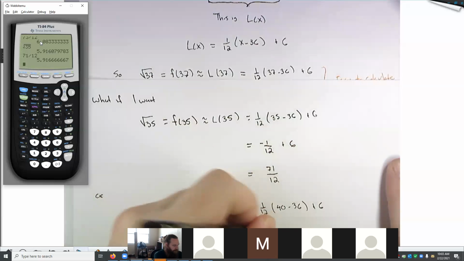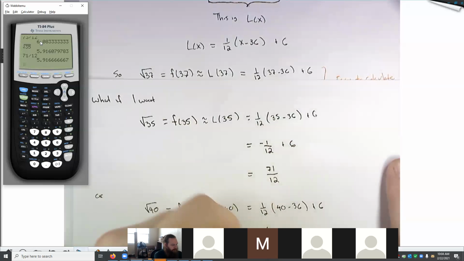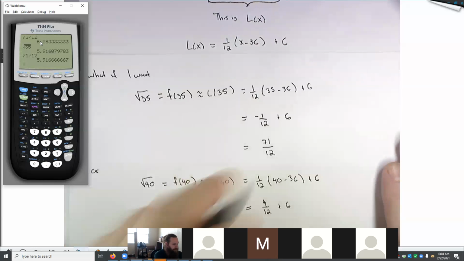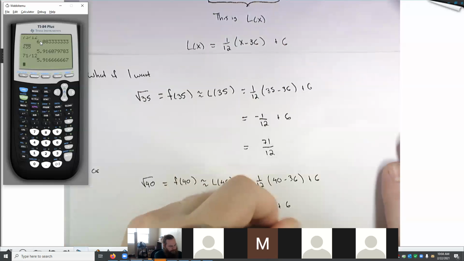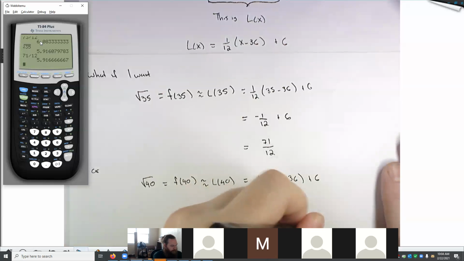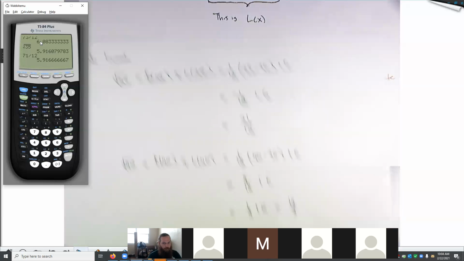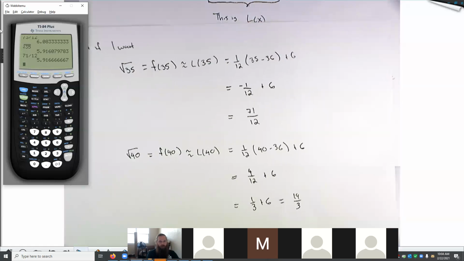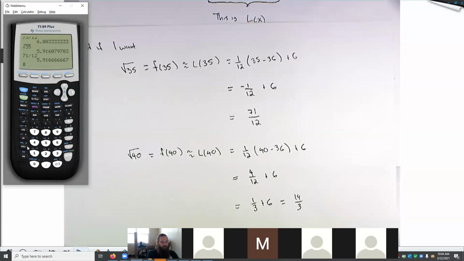So this is 4/12 plus 6. 4/12 is 1/3. And 6 is 18/3. This is 19/3. So I claim that the square root of 40 should be pretty close to 19/3. Here's 19/3, 6.3333. And here's the square root of 40. Not too bad, right?